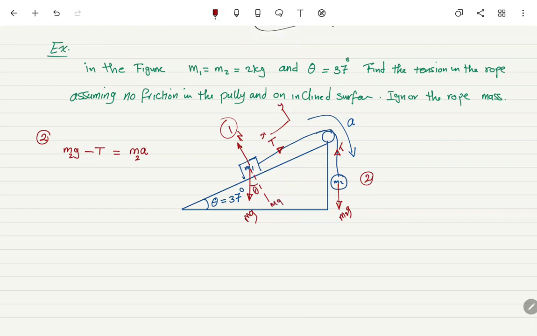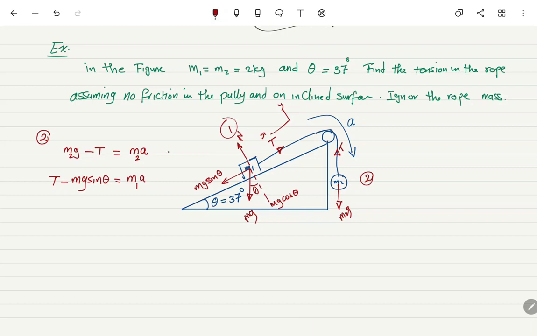So we have mg cosine theta, and this one is equal to mg sine theta. Sum of all forces on x is equal to ma. Now with the force with the acceleration first, tension minus mg sine theta equal to m1a. Now we have set up all the equations.